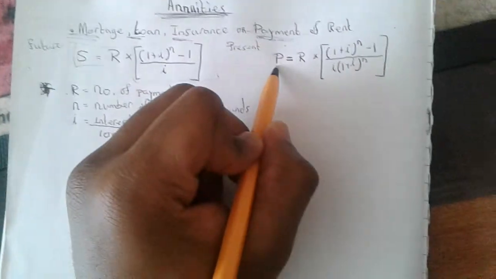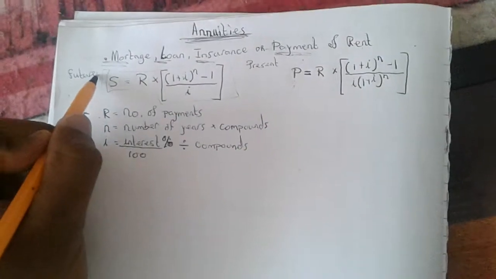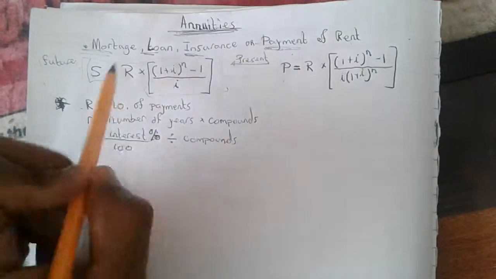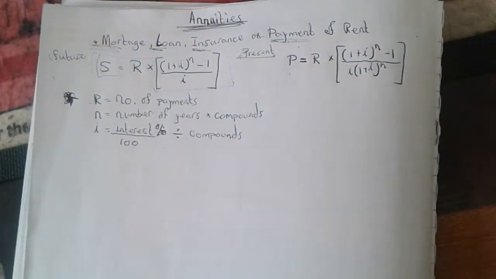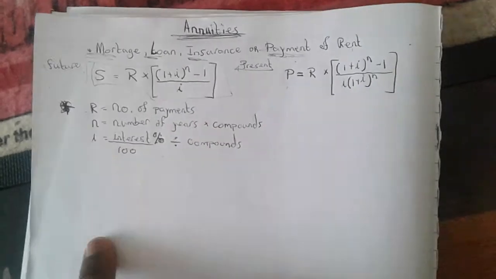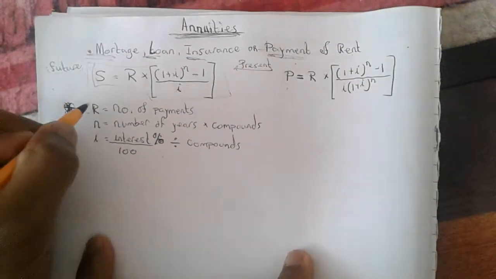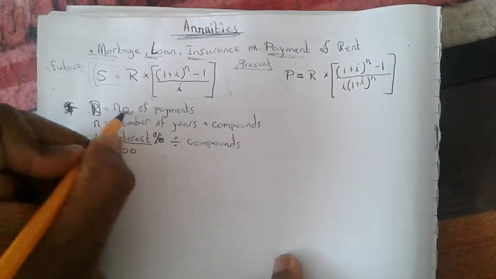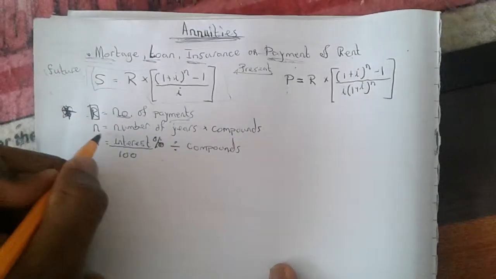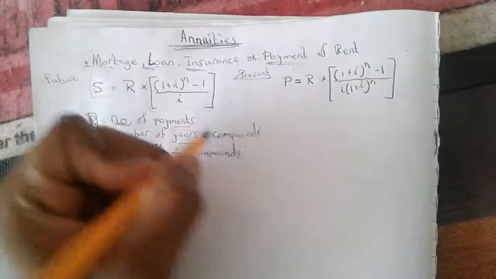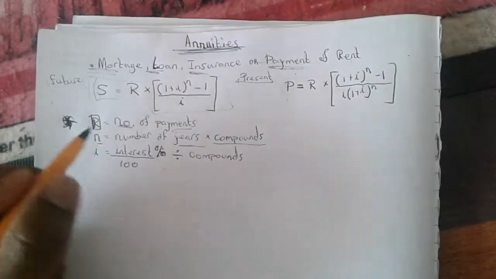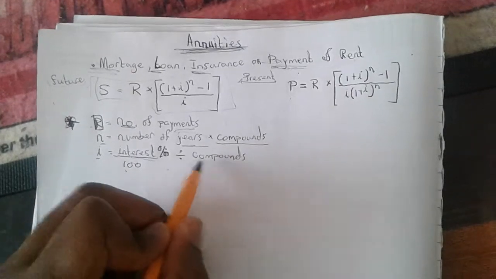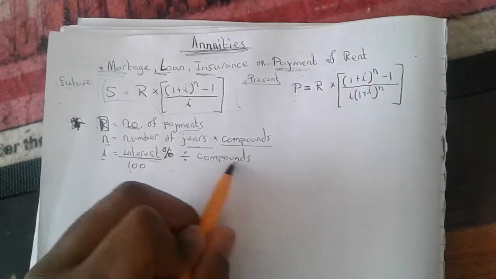Usually, the question will tell you that you are supposed to calculate the future value or the present value. Now, be sure to understand this. The difference between annuity and compound and simple interest is that R this time is no longer the interest but the number of payments. N is the number of years multiplied by the compounds, and I is the interest rate divided by 100 divided by the number of compounds.